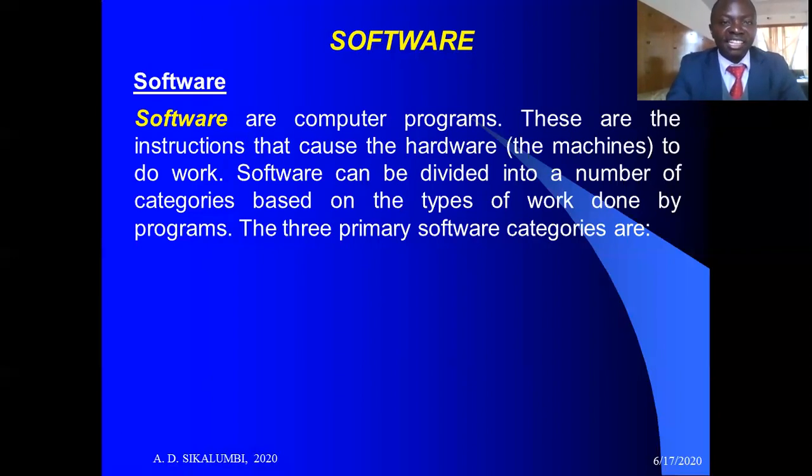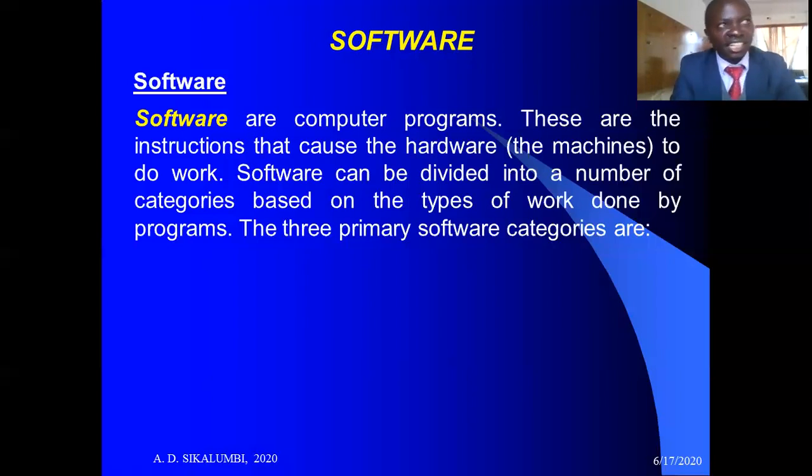So we are saying we have the machine. For the machine, these physical components, to work, you need the software to be installed on the machine so that they are compatible and coordinate, work together to achieve the intended goal.